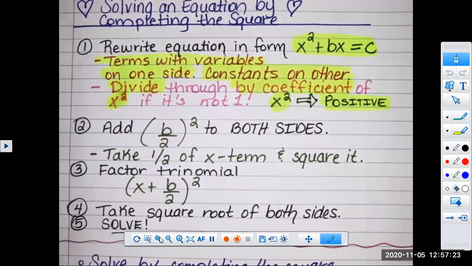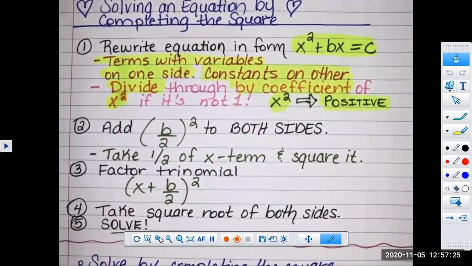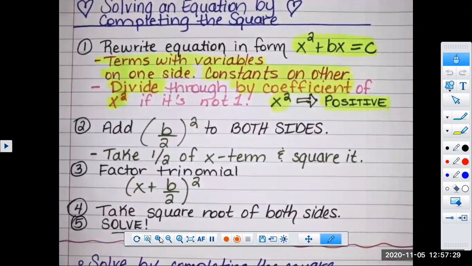So variables all on one side, like terms combined, which you shouldn't run into that much, but variables on one side, all numbers on the other side. Then divide through. If you have a number or a negative sign in front of x squared, you have to divide through by it.